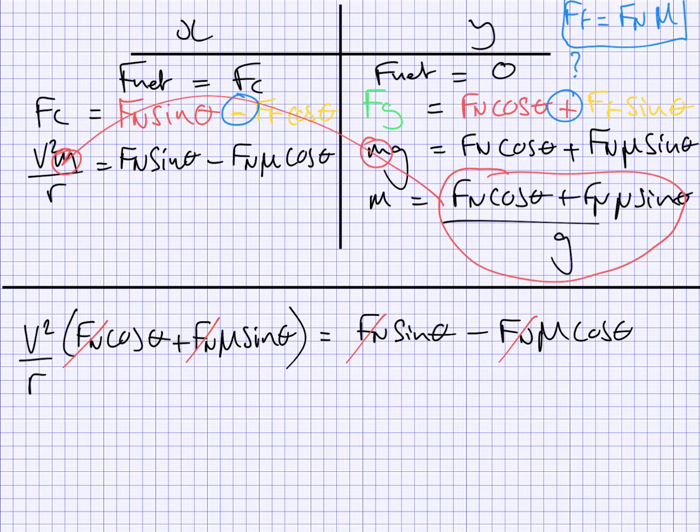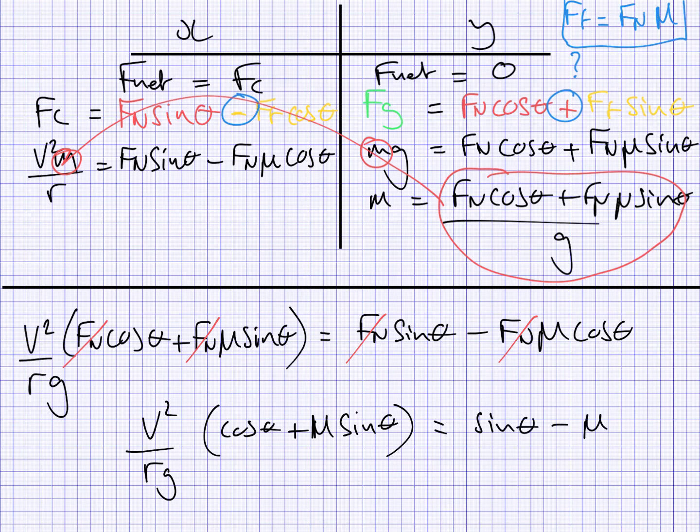So all of the Fn's disappear, and so we're left with an equation, so v squared over rg, actually I forgot the g, over rg, cosine theta plus mu sine theta is equal to sine theta minus mu cosine theta. And I'm just going to leave it at that.